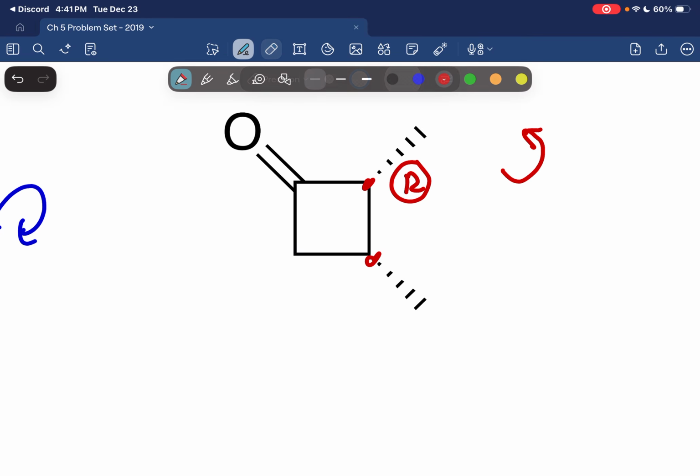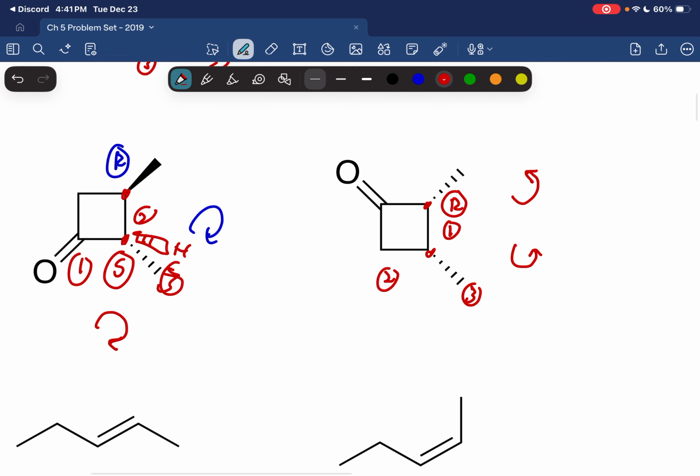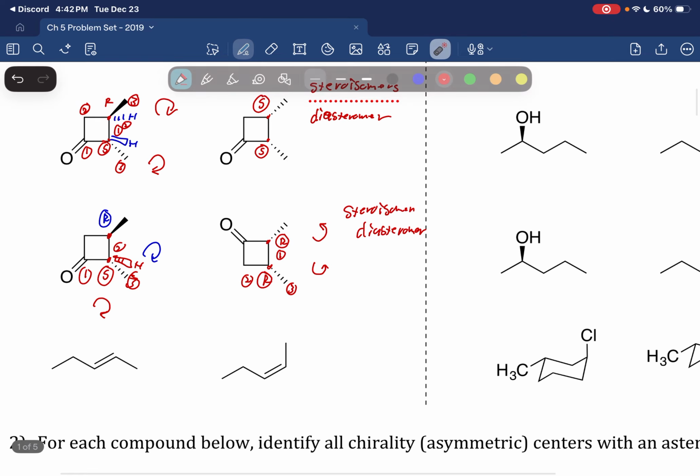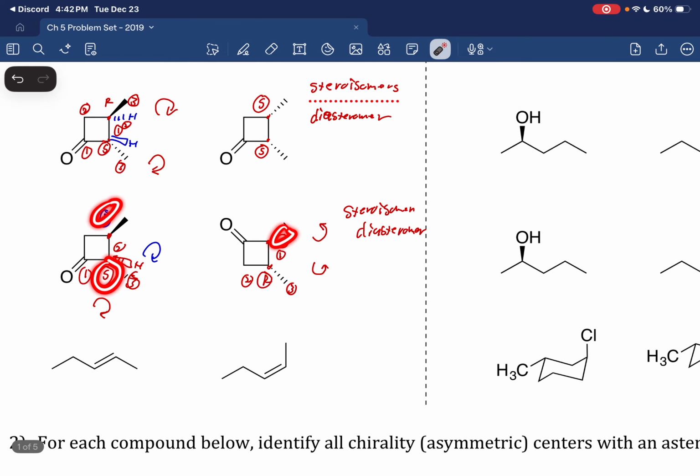Okay, moving on to the next. 1, 2 priority, 3, boom. Counter, so that would be R. Meaning that we have a stereoisomer, diastereomer, because stay the same, different. One thing different.